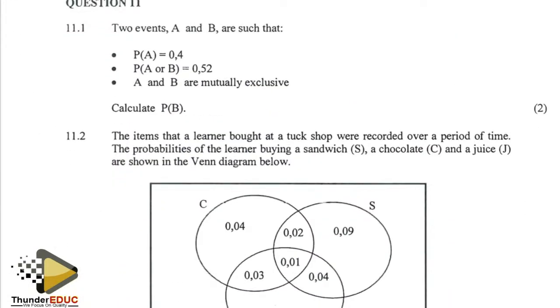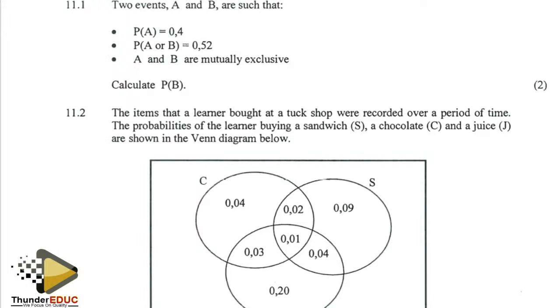Question 11. Two events A and B are such that probability of A is this, probability of A or B is this, and the events are mutually exclusive. Events are only mutually exclusive if there is no intersection, which means A and B is 0.